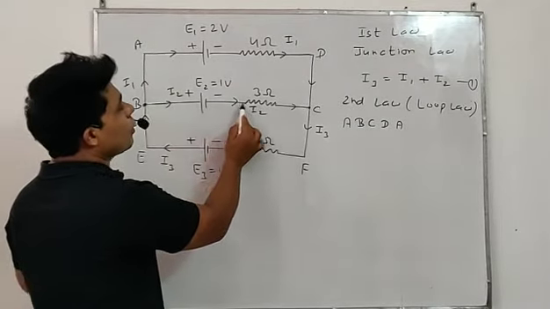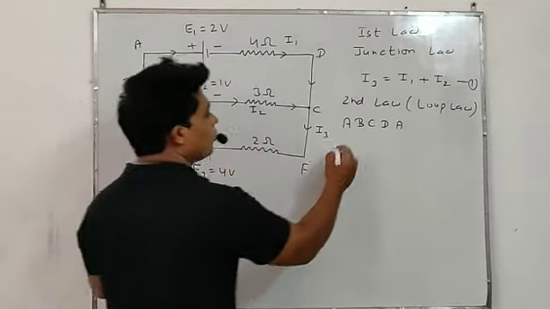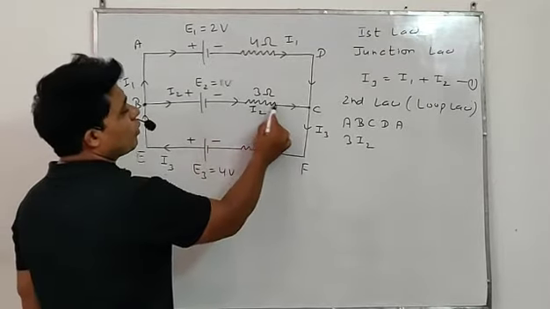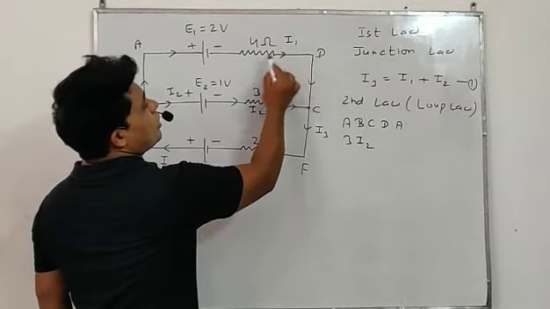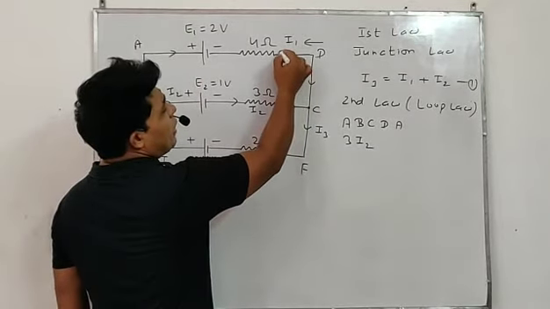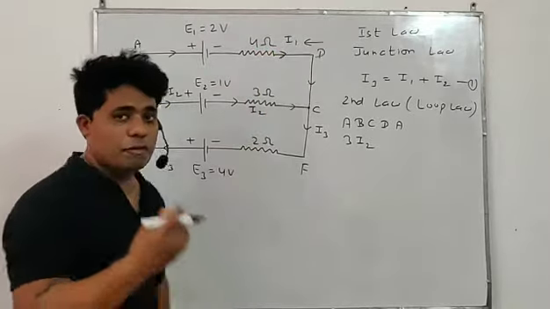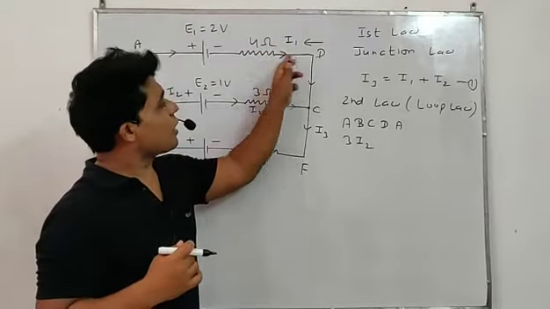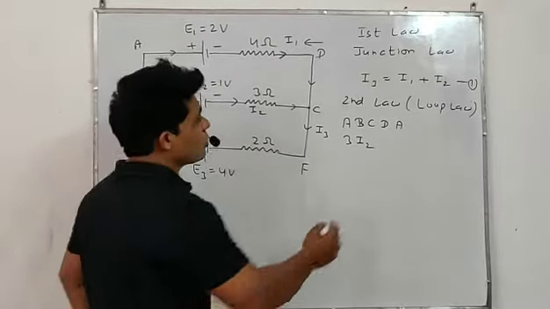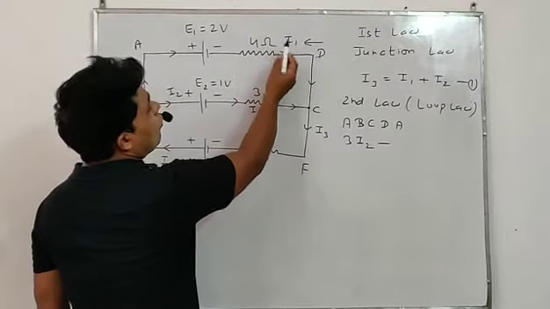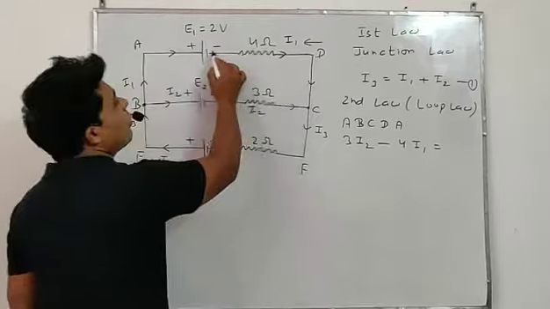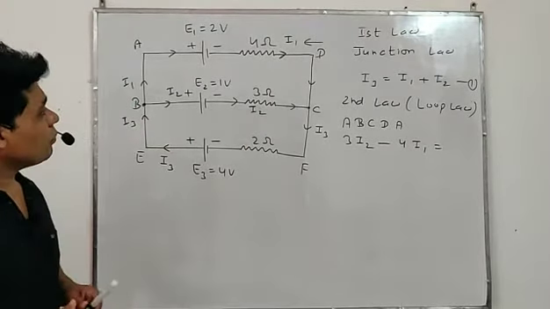Look, the resistance is 3 ohm and its current is I2, so 3 into I2, current multiplied with its resistance. We are moving in this direction, completing the circuit in this direction, and current is coming from the opposite. If our direction and the direction of current are opposite, then we'll use a minus sign. That is an important point. So I'm going to use a minus sign for resistance into current. Then 4 into I1, and again we come to the negative terminal. No resistance is there now.